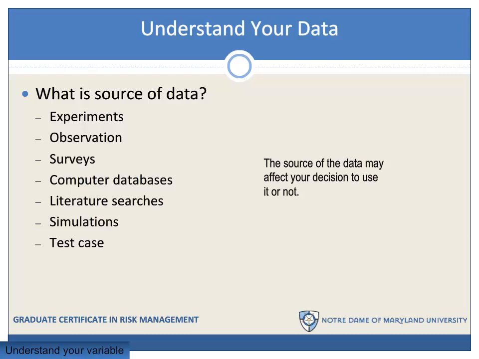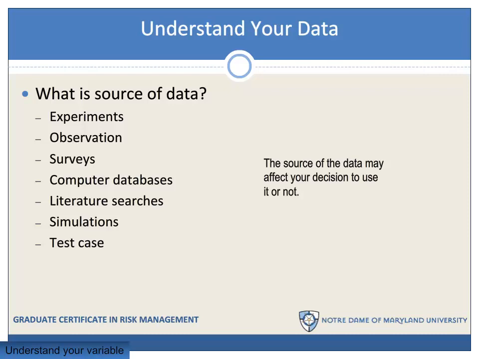If you have test case data, by test case data, I generally mean I've made up some numbers and plugged them into my model to see if the calculations are right. So if you have test case data, that's really not going to be suitable as a basis for probability distributions. So when we look at our source of the data, you have to make sure that your data are credible.